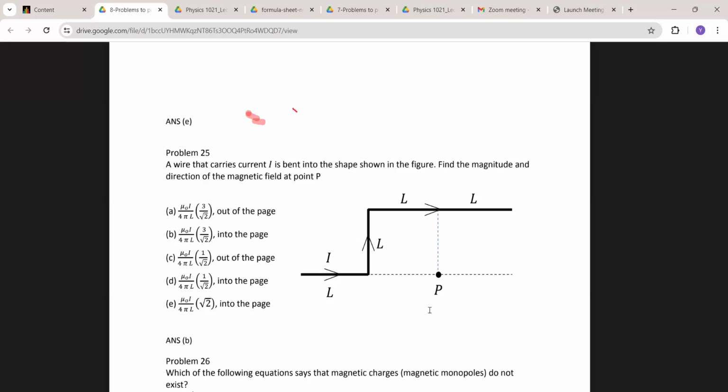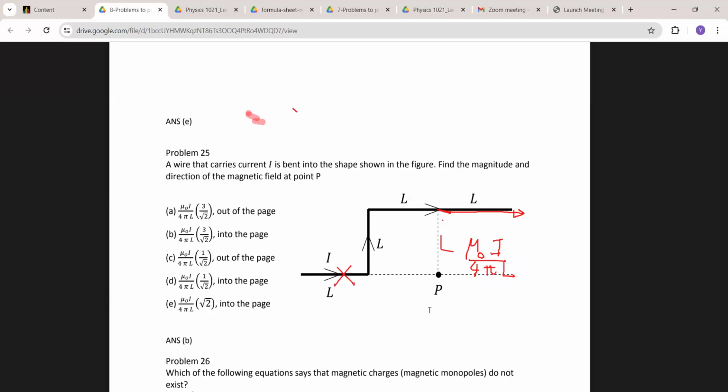I have a semi-infinite line. So this one will include mu naught I over 4 pi L because this distance is L. And this part will include zero magnitude.